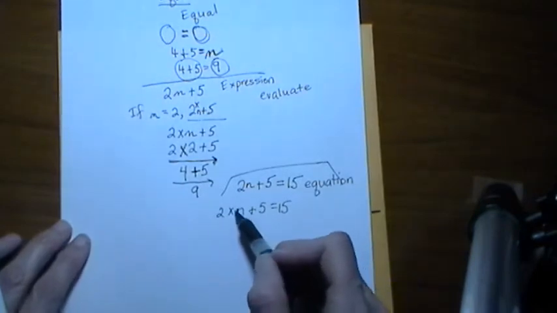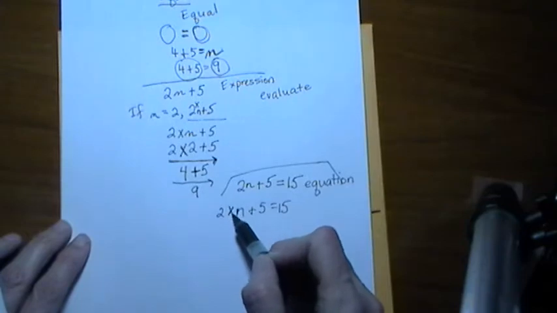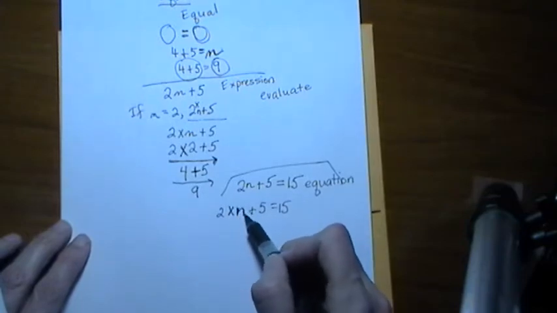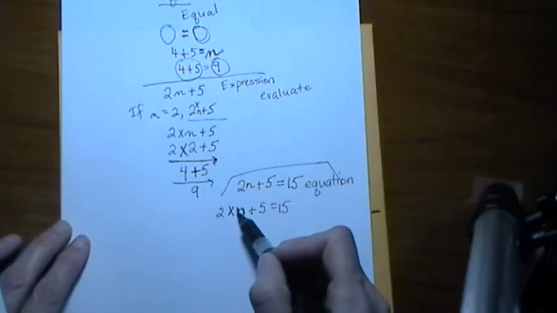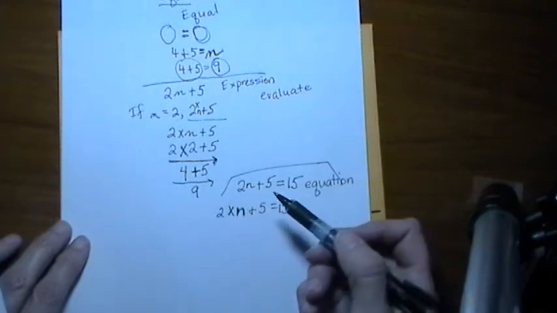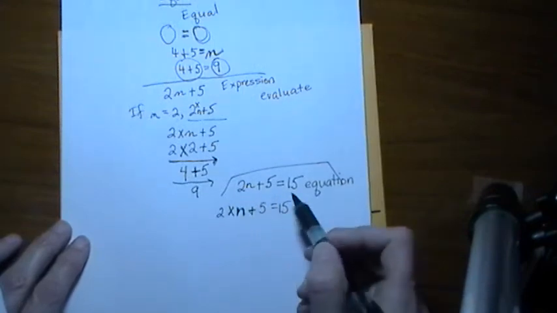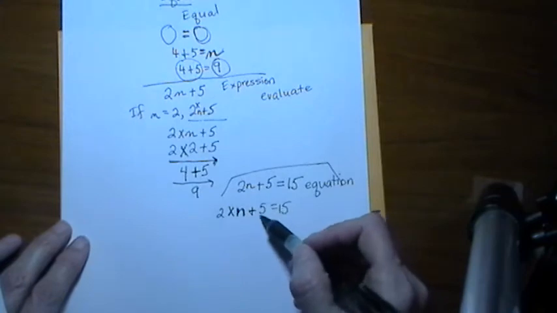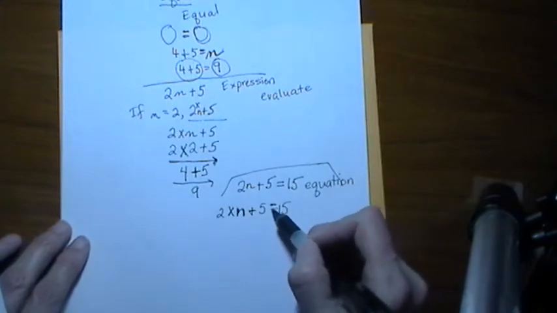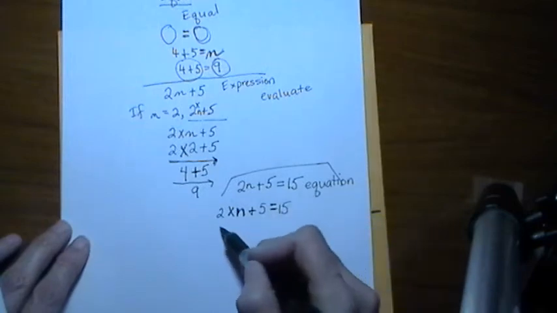So reading from left to right, we do find a multiplication sign, but this is the variable. So we can't really do much with 2 times n. So let's get rid of this 5. Let's remove 5 from both sides of the equal sign.